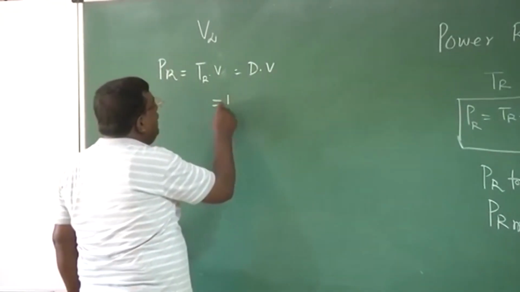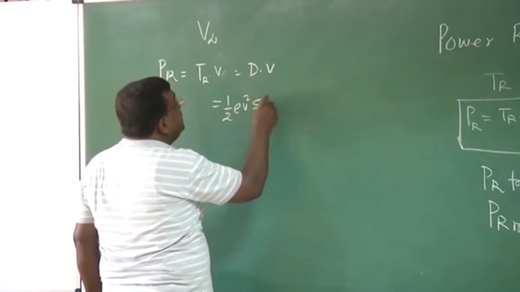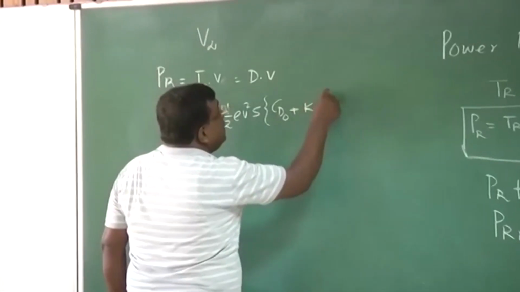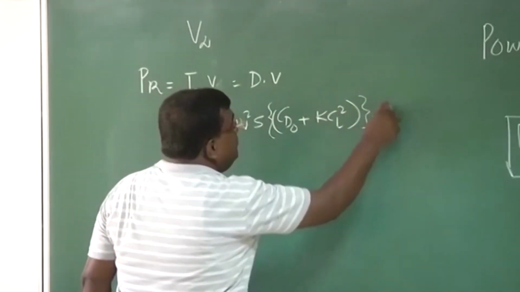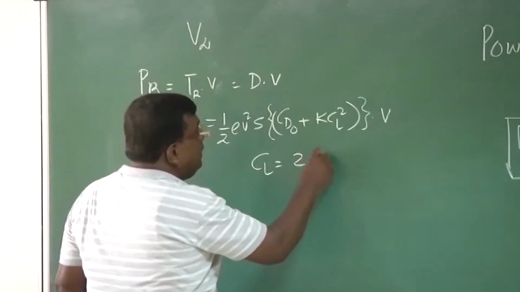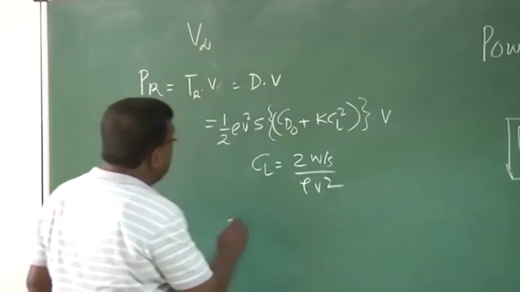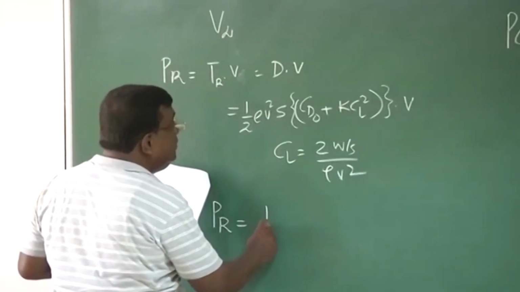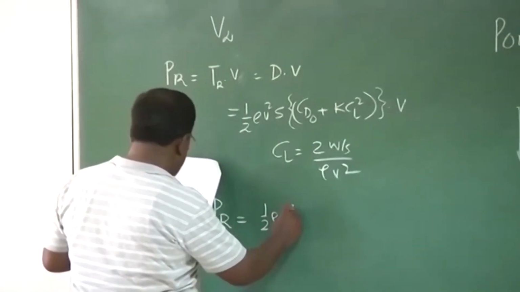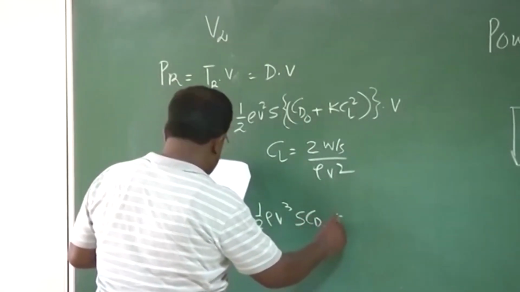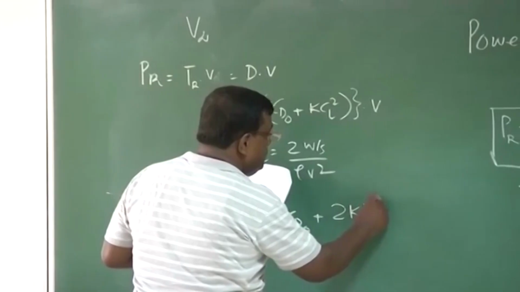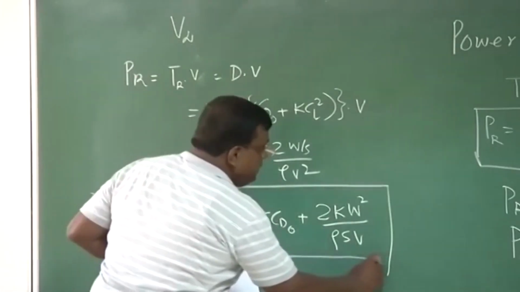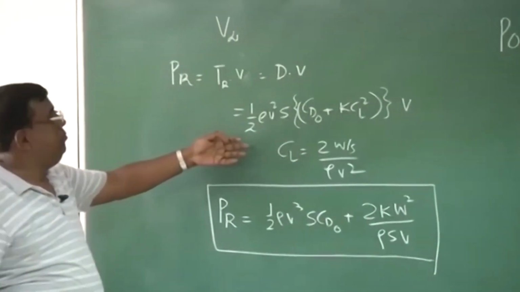So this is equal to what? Half rho V square S, then CD naught plus K CL square into V, and I can write CL equal to 2 W by S by rho V square, and finally I can write an expression for power required as half rho V cube S CD naught plus 2K W square by rho S V. This is a straightforward method.